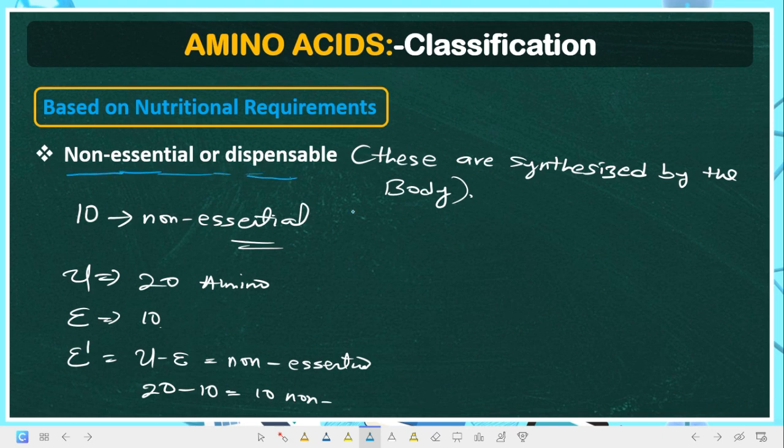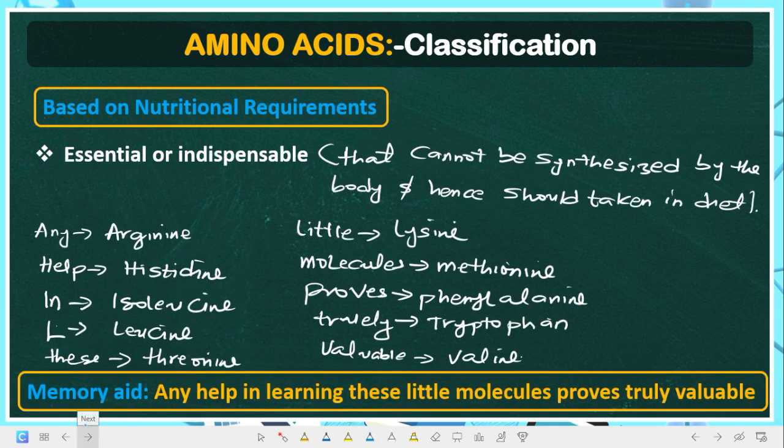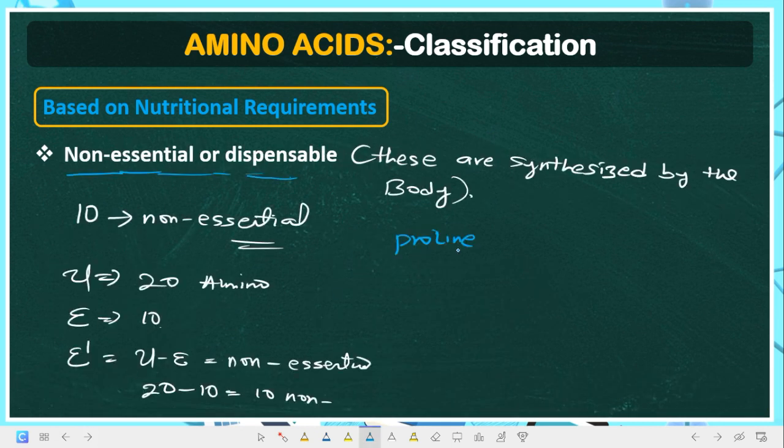An example, we have proline. We have histidine. Did I write histidine? Okay, histidine is there. We have proline. We have tyrosine. Then what other one do we have under the non-essential?